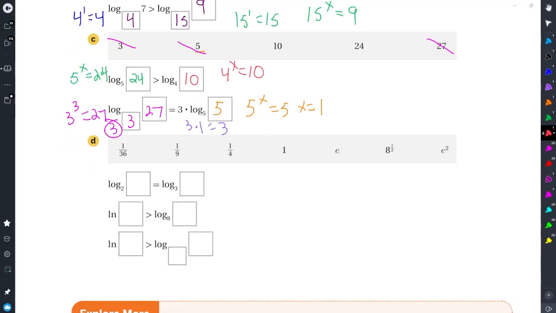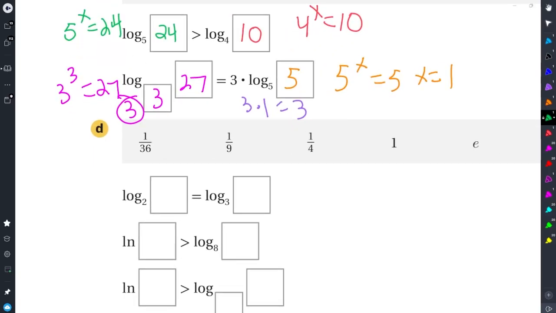All right, the last one, it has three expressions here. We have log base 2 of blank equals log base 3 of blank. What I noticed is that we have a 1/9 and a 1/4 here. If I put the 1/4 here and the 1/9 there, I have 2 to what power equals 1/4.